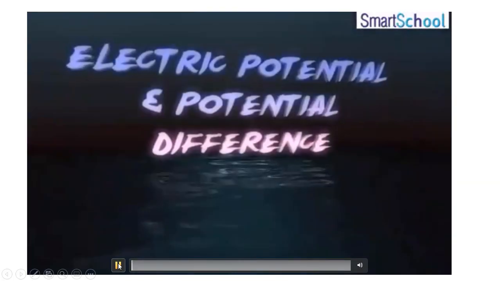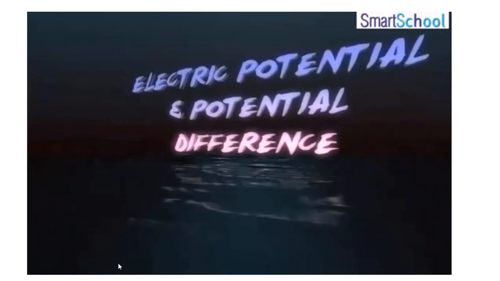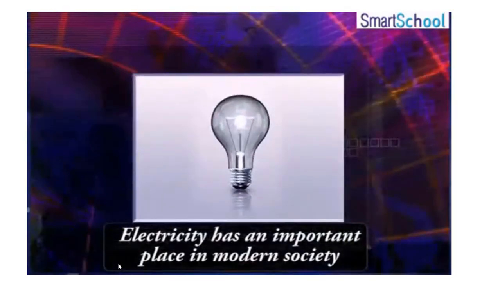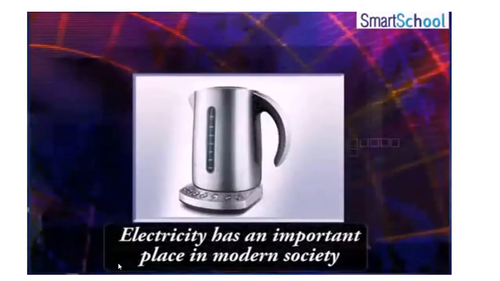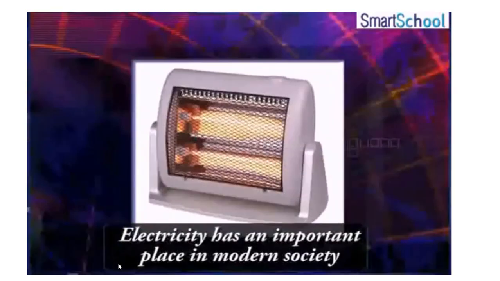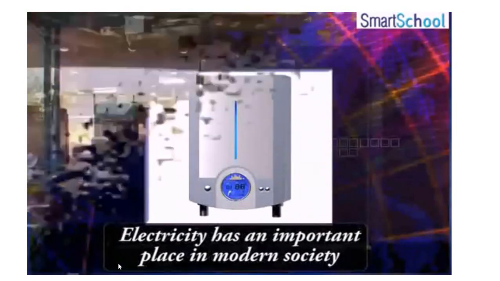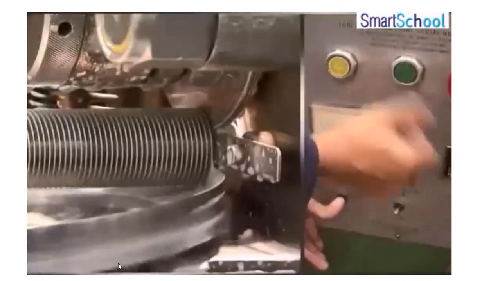Electric potential and potential difference. We all know that electricity has an important place in modern society. It is a controllable and convenient form of energy used for limitless industrial and residential applications.